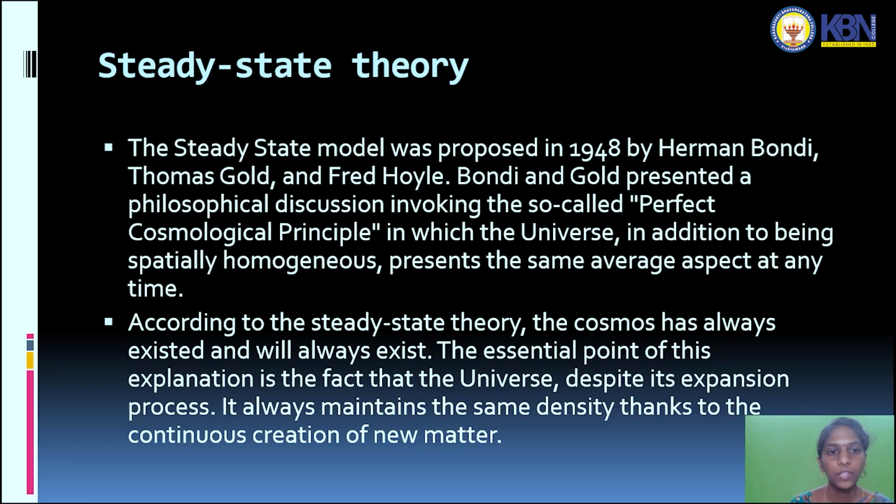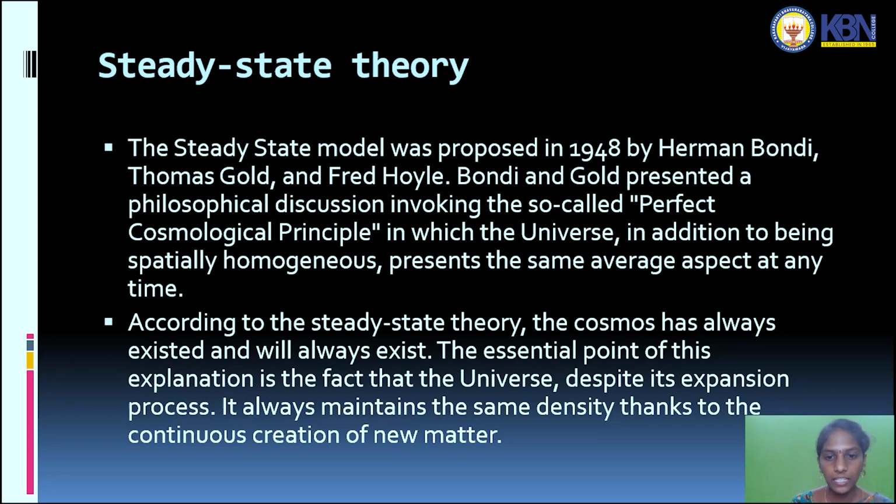Steady state theory. The steady state model was proposed in 1948 by Hermann Bondi, Thomas Gold, and Fred Hoyle. Bondi and Gold presented a philosophical decision involving the so-called perfect cosmological principle, in which a universe, in addition to being spatially homogeneous, presents the same average aspects at any time.